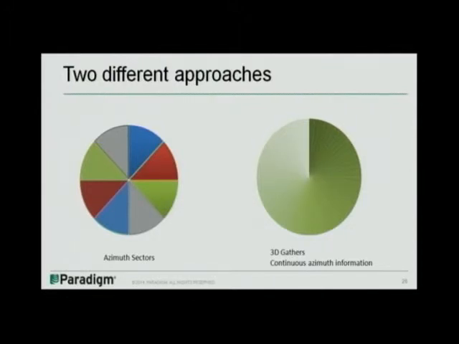The way that the industry is dealing with this challenge is using what they call azimuth sectors. They take this wide azimuth data and divide it into a number of azimuth sectors, and they process the seismic data independently for each of these sectors.